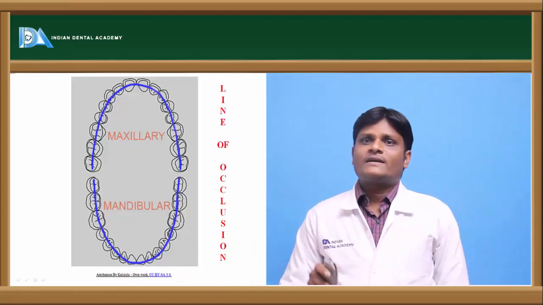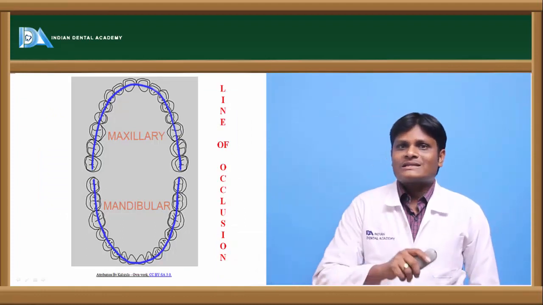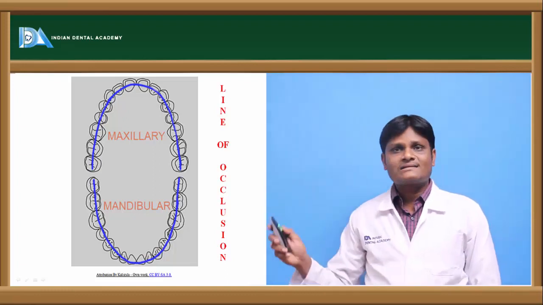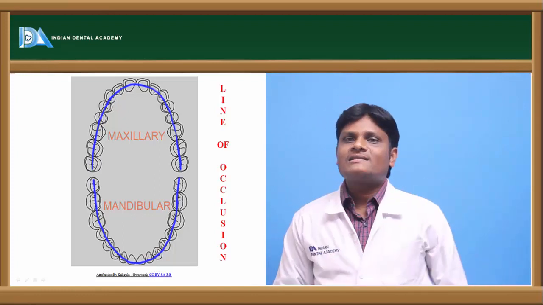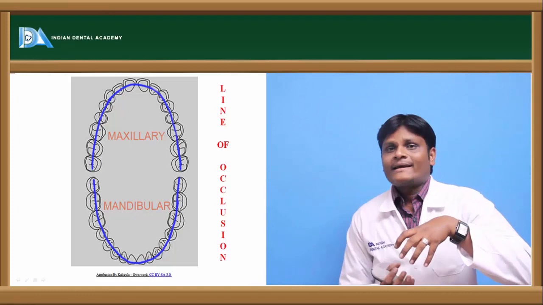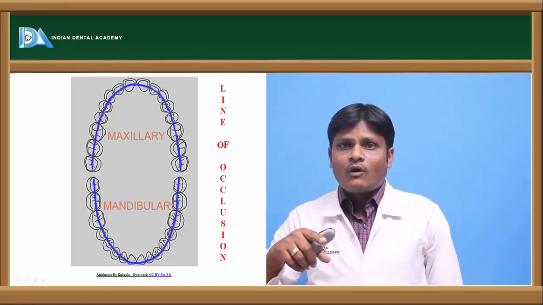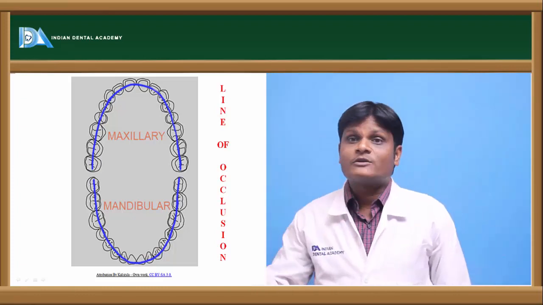Apart from satisfying Andrews' six keys, we can also have something called Engel's line of occlusion with respect to that dentition. What is Engel's line of occlusion? It is a line that passes through the central fossae of all the maxillary posterior teeth and the cingulae of the incisors.